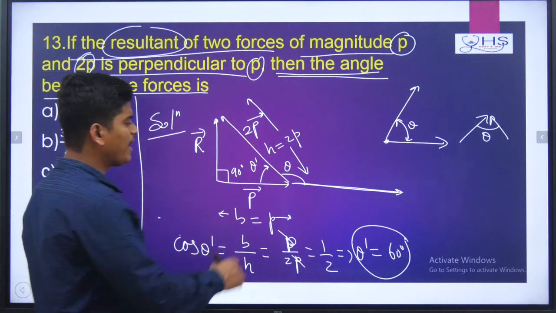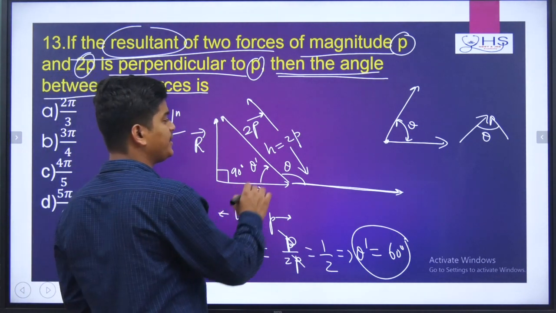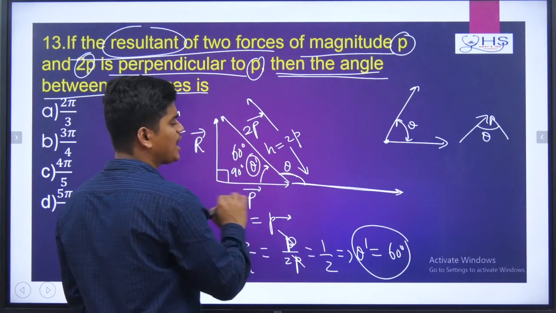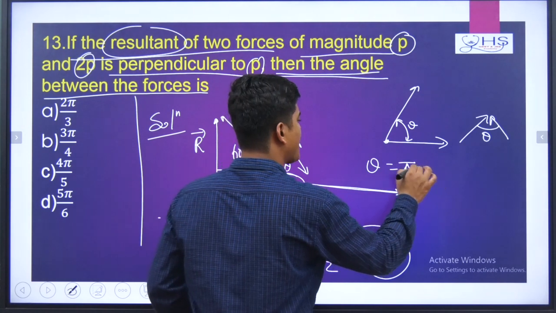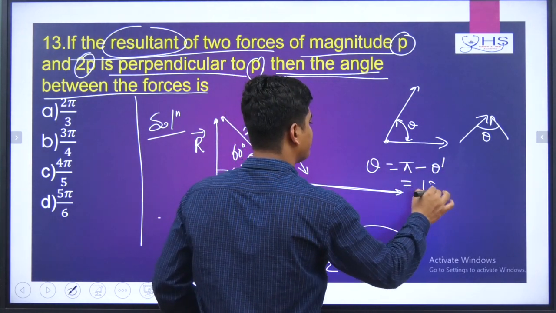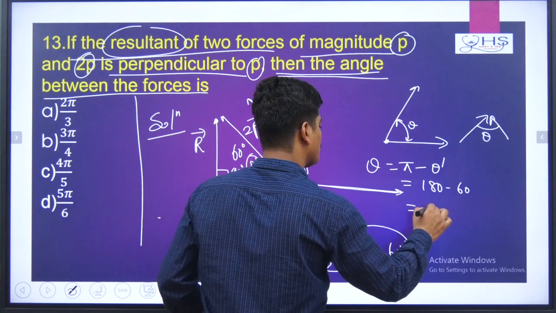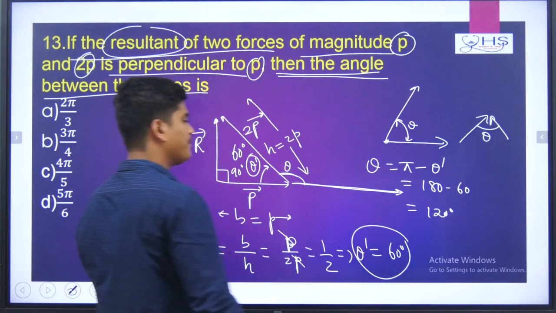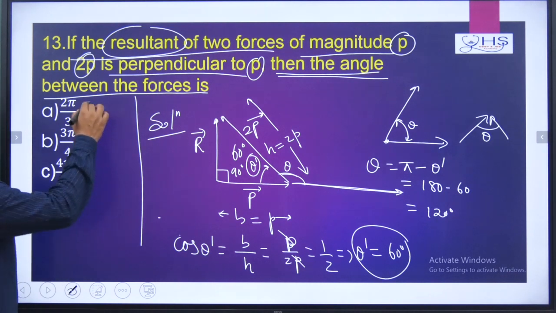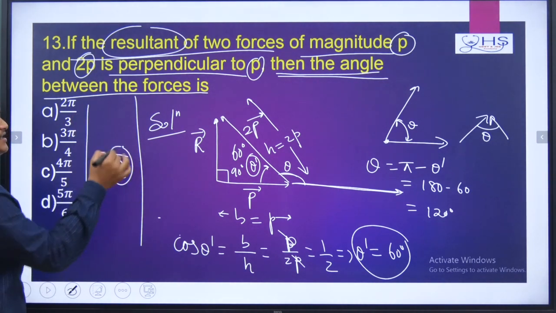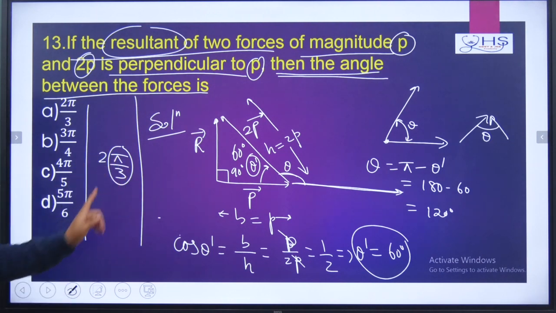Now here I have to find the angle between P and 2P. Now theta prime is 60 degrees, but theta is how much? Theta is nothing but pi minus theta prime. Pi means 180, minus 60. 180 minus 60 is your 120 degrees. And remember, 120 degrees in terms of pi I can write as 2 pi by 3, because pi by 3 is 60, and 2 times pi by 3 is 120.